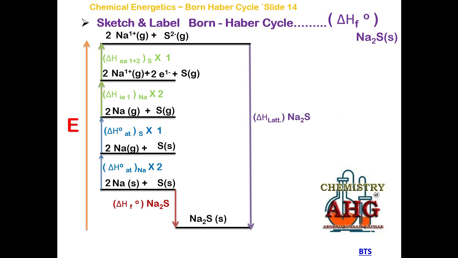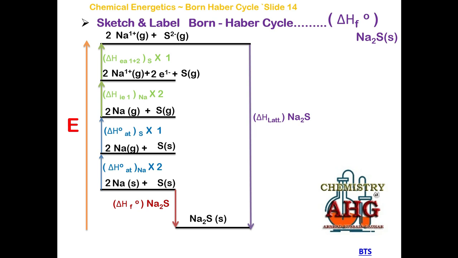Some of you might have written S8. It is acceptable if you have written S8, but if you have written S8 when you make the reaction of sulfur with sodium, you must balance it like 1/8 S8. So it makes no difference whether you have written simple sulfur S or 1/8 S8.